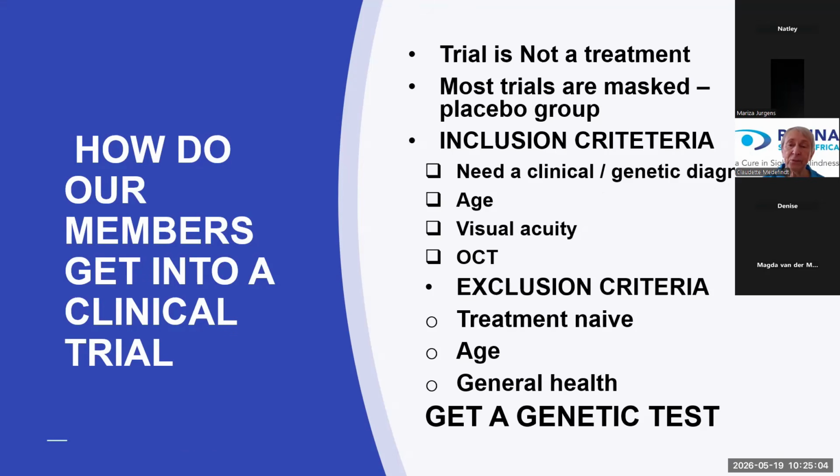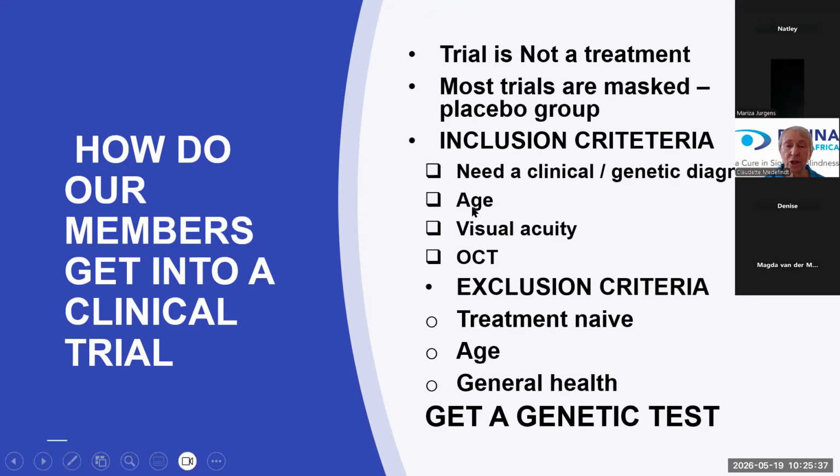If you've got retinitis pigmentosa, you can't go there with Stargardt's disease, obviously, and hope to get included. You also might need a genetic diagnosis. And even though it's not a therapy for a specific gene, I'm trying to tell you, you might still need a specific gene diagnosis because, as we said, they want to limit the differences so that they know everybody's more or less going to respond in the same way.